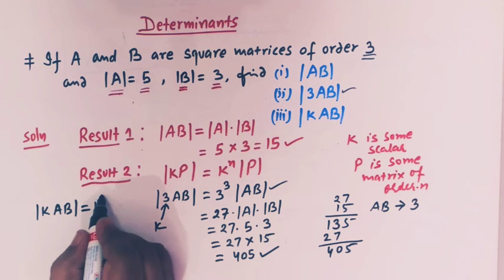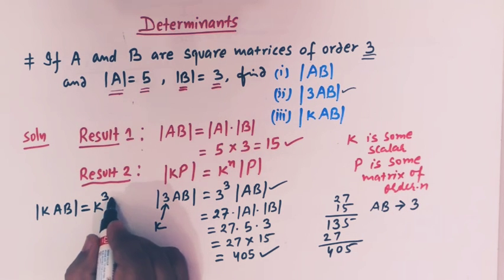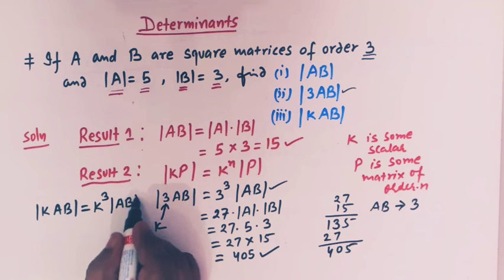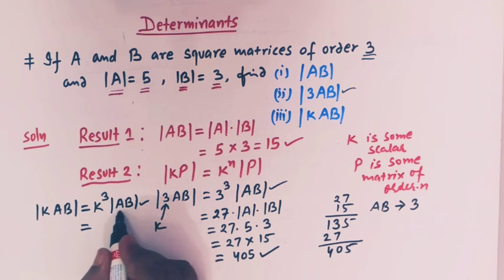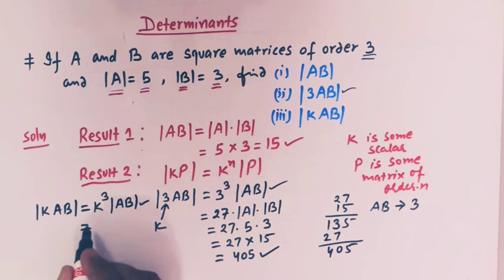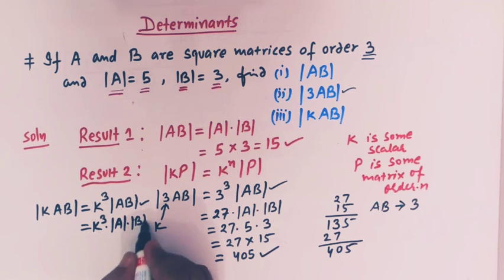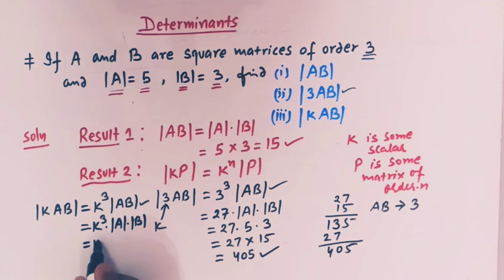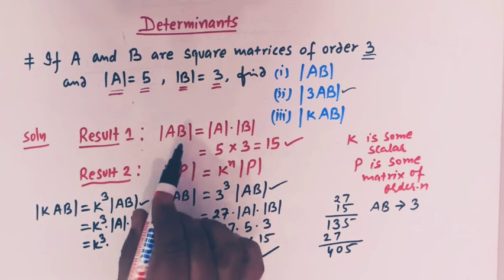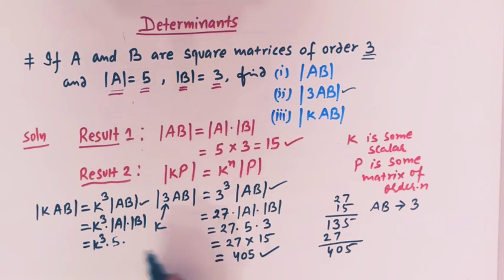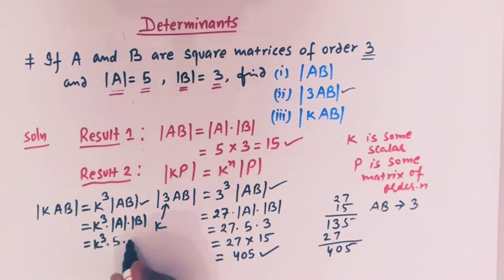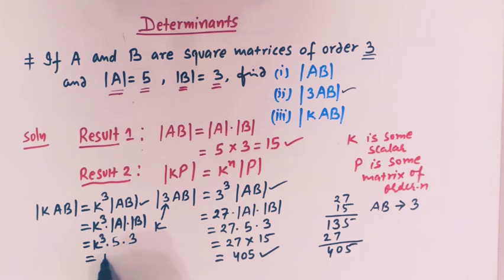So we have K cubed times the determinant of AB, and here we'll apply this rule. We have K cubed times determinant of A times determinant of B, where determinant of A is 5 and determinant of B is 3. So we have 15 times K cubed.